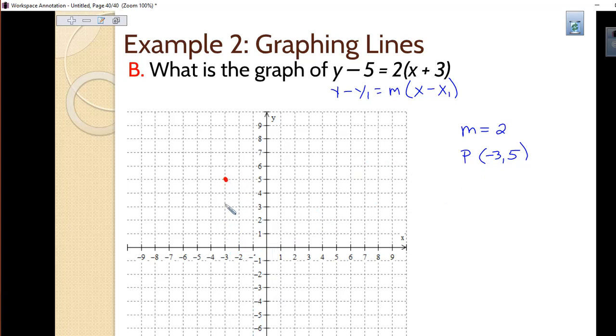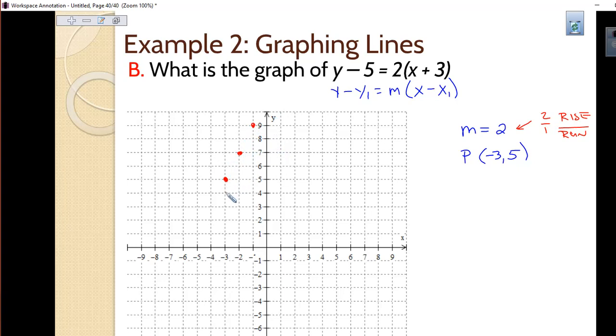So now we're going to go a couple places up and a couple places down. If our slope is 2, this is the same thing as saying it is 2 over 1. We need to rise and run. We're going to rise 2 while we run 1. So from here I'm going to go up 2 and over 1. Up 2, over 1.